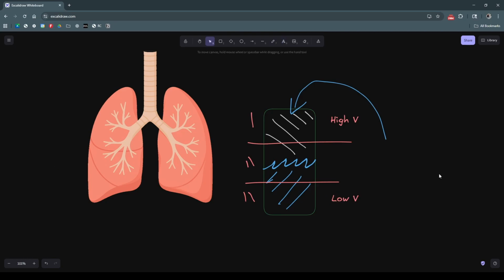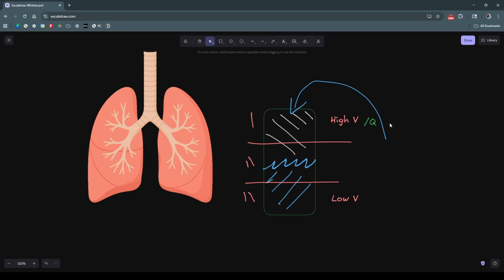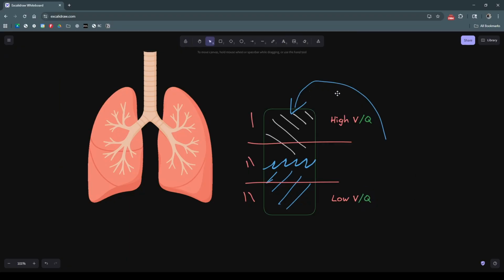And so as we talk about high VQ and low VQ, what we're referring to is ratios where we've got higher ventilation than perfusion, or lower ventilation than perfusion. And so these high VQ, low VQ statements are in reference to the ventilation primarily. So the same principle applies largely in our lungs.